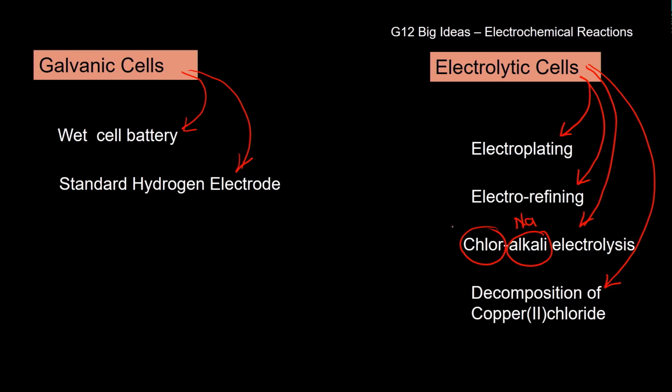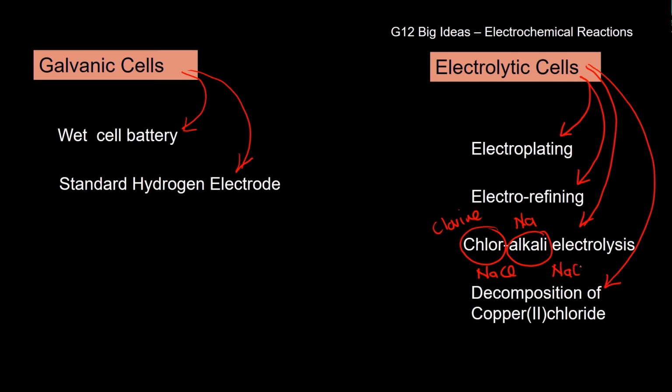Chlor is chlorine. We start off with sodium chloride, which is table salt. You have it on your food every day, and we put it through an electrolysis process, the process of making sodium hydroxide. That's an industrial process, and that's part of the applications.